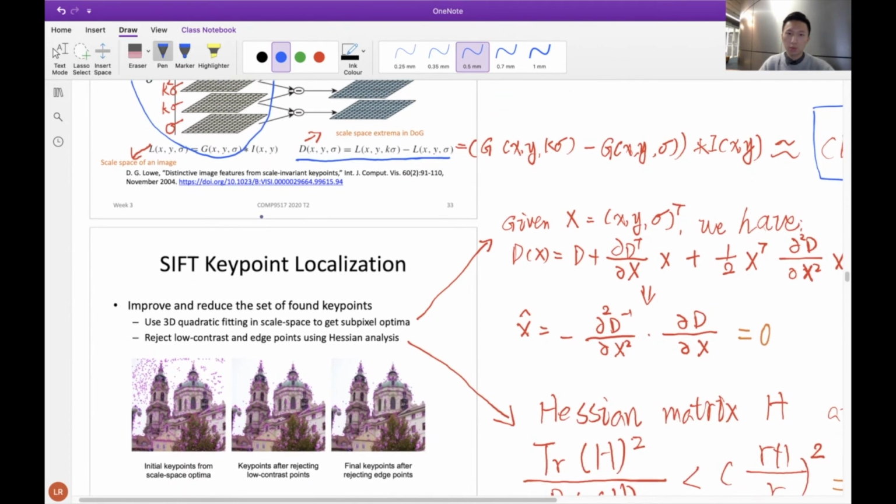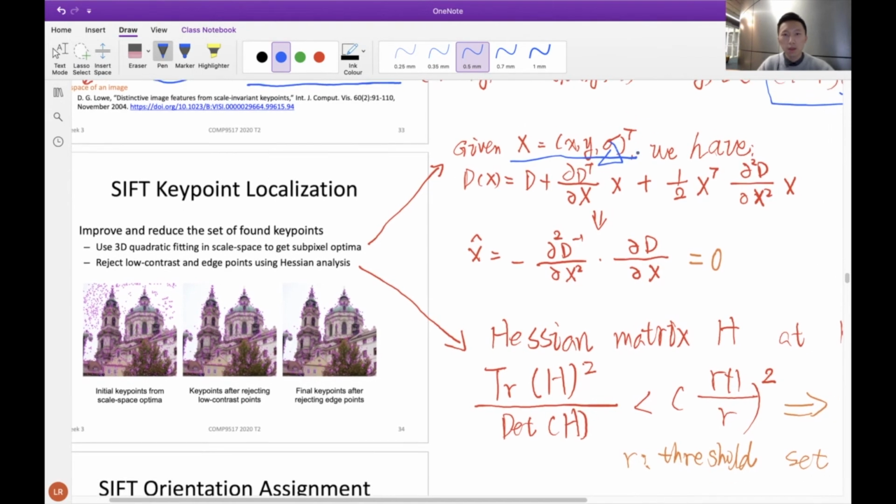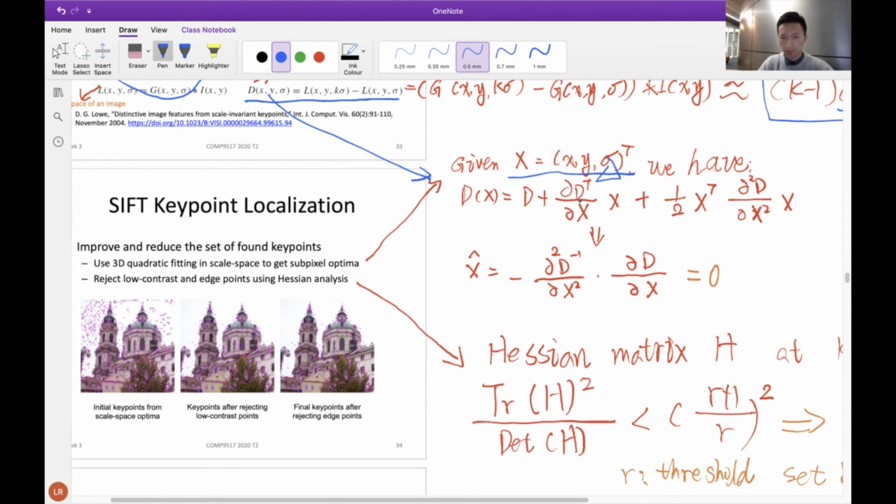Now let's come to the keypoint localization. Given the vector x equals this, x and y would be the coordinates of each point in the image, and sigma would be the sigma in the Gaussian distribution. Based on the scale space extrema here, we can bring it down to the keypoint localization part.